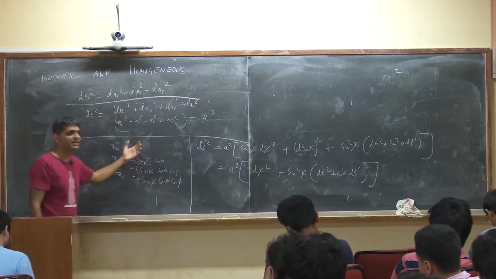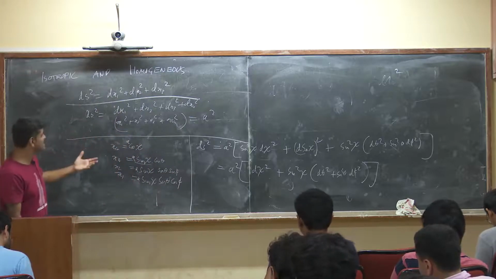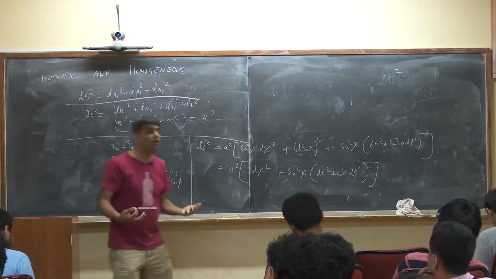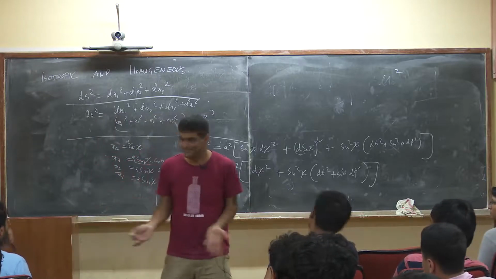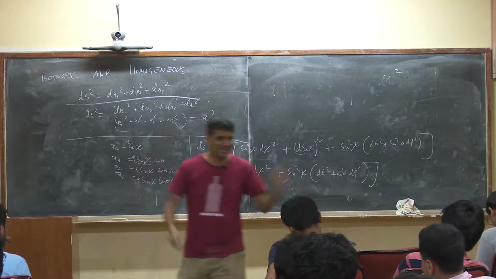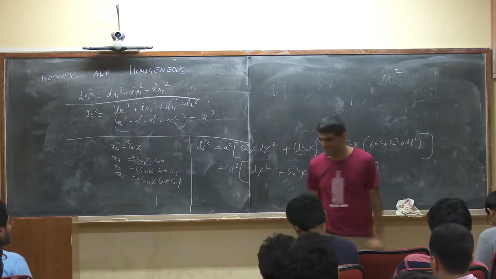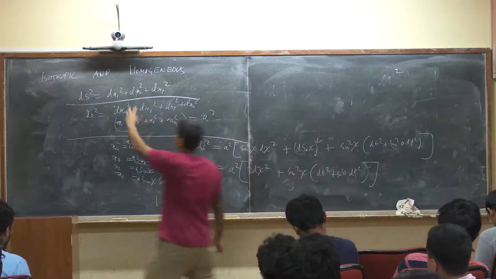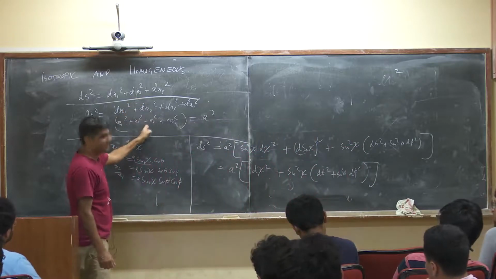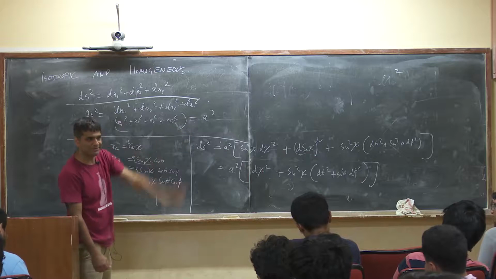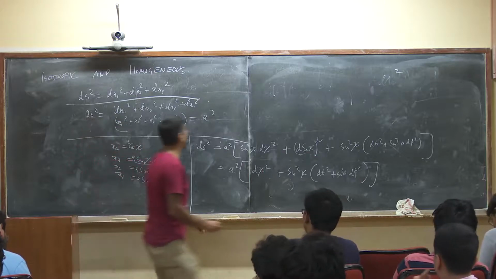It is obvious that this space has an SO4 isometry symmetry. This is obvious because you can see it intuitively, right? SO4 rotations of this space leave this equation invariant and leave the metric invariant, and so leave the whole space invariant. Okay, great.